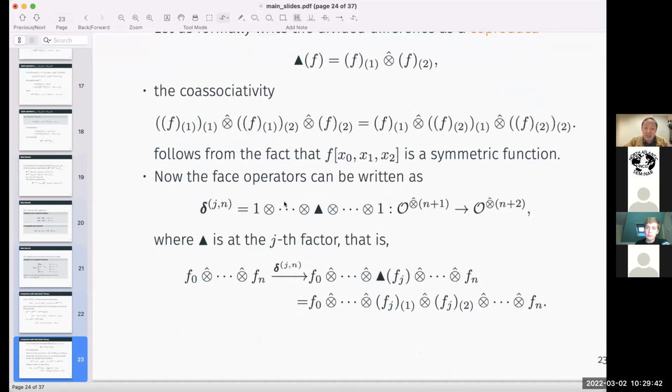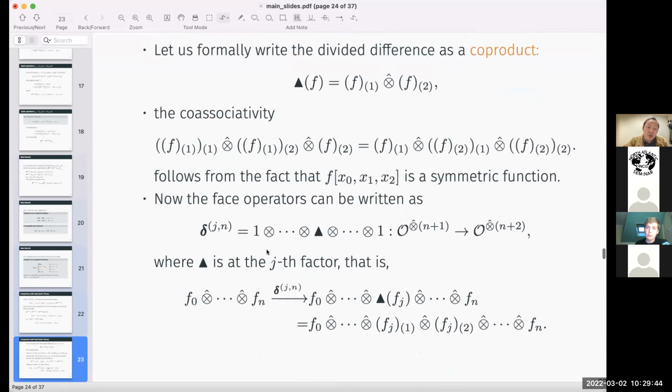And then, right, if you use this notation, this map will be exactly the map where you extend f_j to become the coproduct of f_j. So this is exactly the map in the Hopf-cyclic theory.